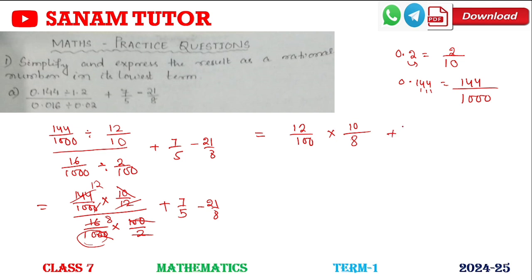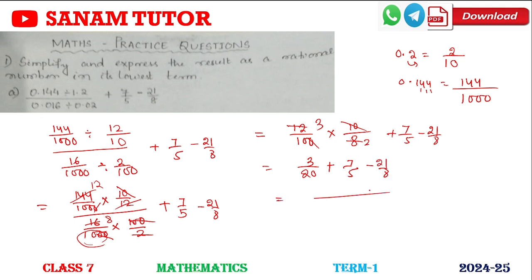Any doubt? Now 7 by 5 minus 21 by 8. Again cancel the tens. Now 4 threes are 12, 4 twos are 8, so we can write 3 by 20 plus 7 by 5 minus 21 by 8.